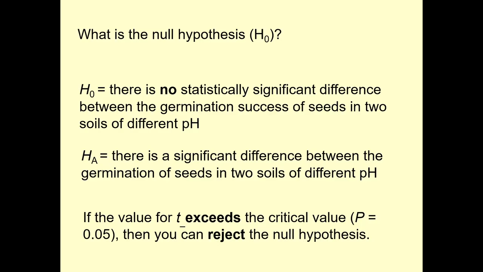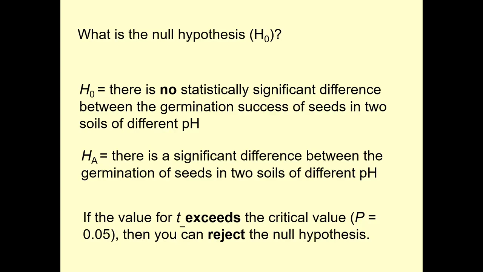This is the hypothesis that there is no statistically significant difference between the germination success of seeds in two soils of different pH. So that's the null hypothesis. Basically, pH does not affect the germination. Very confusing wording.